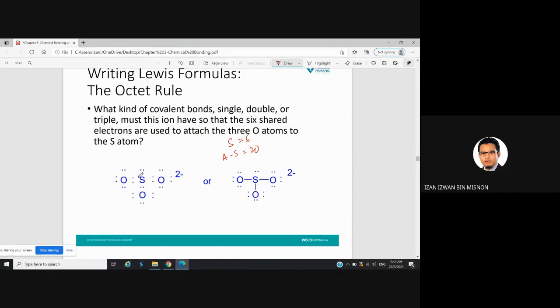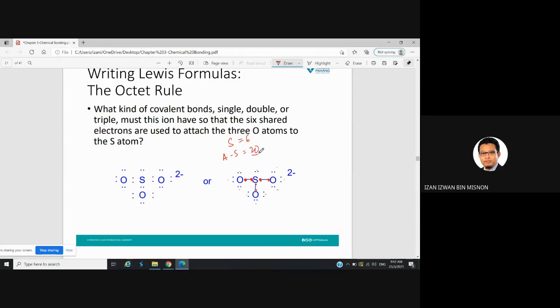Okay. So when you try to draw it, we will have 6 shared electrons. It came from here, 1, 2, 3, 4, 5, and 6. So these will be the shared electrons. And then we have 20 unshared electrons. So here 2, 4, 6, 8, 10, 12, 14, 16, 18, 20.